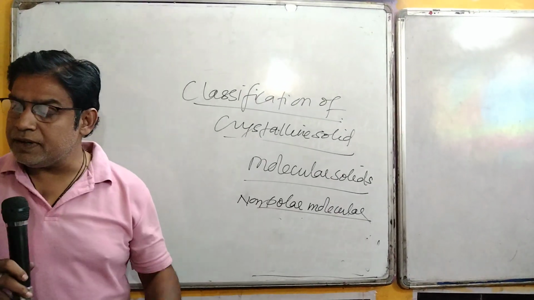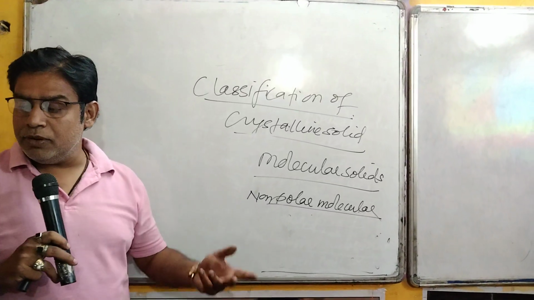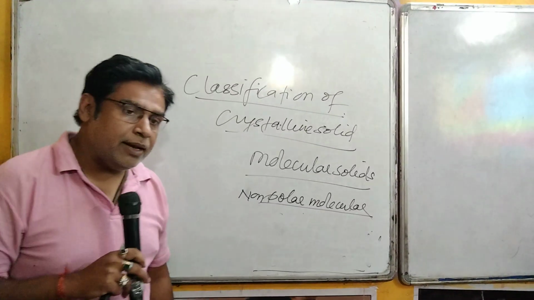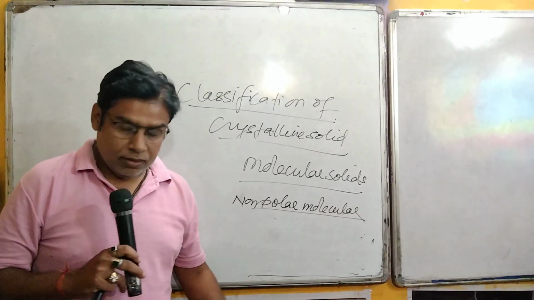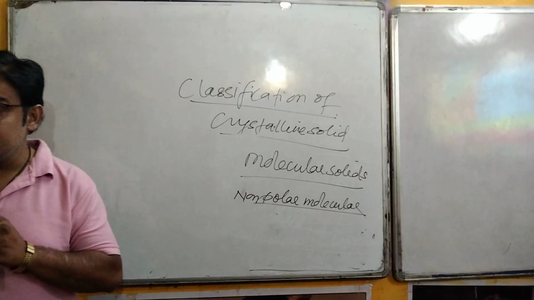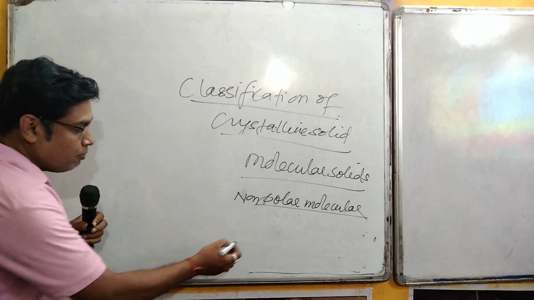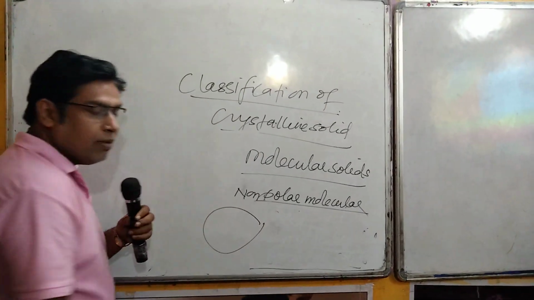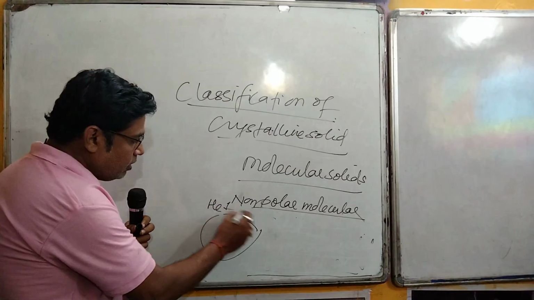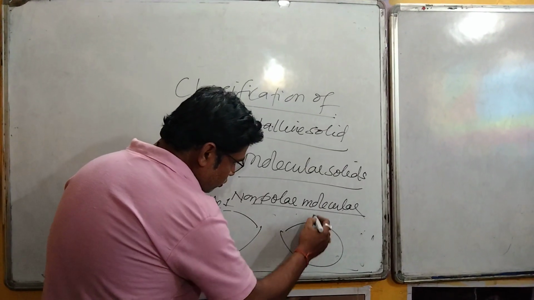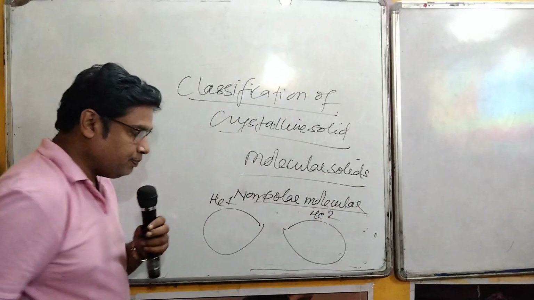I gave the example of helium or neon. Let us see how attraction occurs in helium with a small example. Suppose I have two helium atoms. This is helium atom 1, He1, and this is helium atom 2, He2.